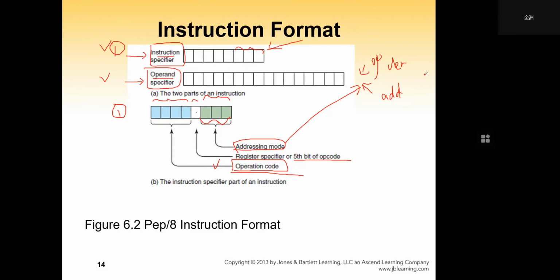We call the first byte the instruction specifier. The other part we call the operand specifier. It holds either the operand itself or the address of where the operand is.